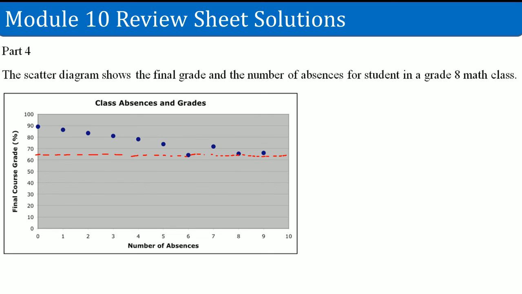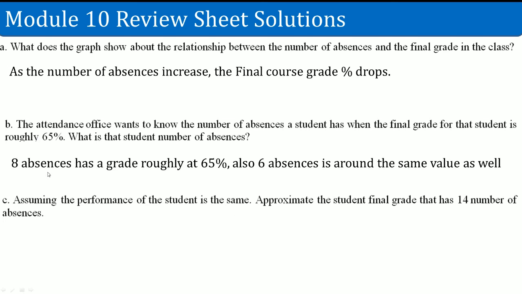That looks like it barely missed. So 6 absences and 8 absences. 8 absences has a grade roughly at 65%, which is good. Also, 6 absences is around the same value as well. So you could say 8 absences or 6 absences in this problem, and you would still get the right answer.